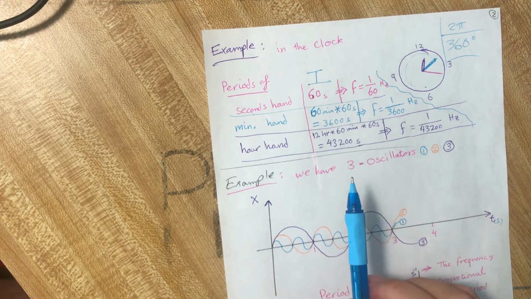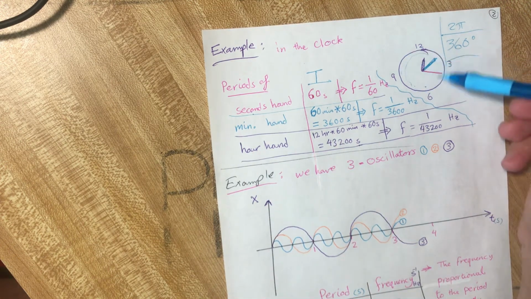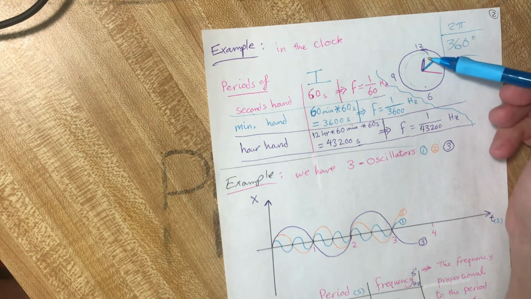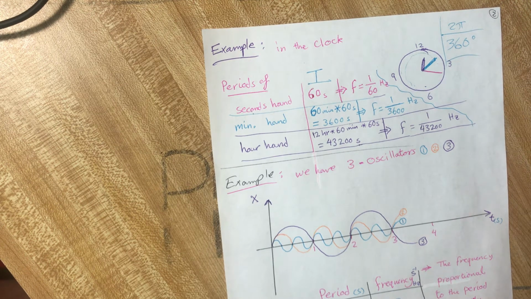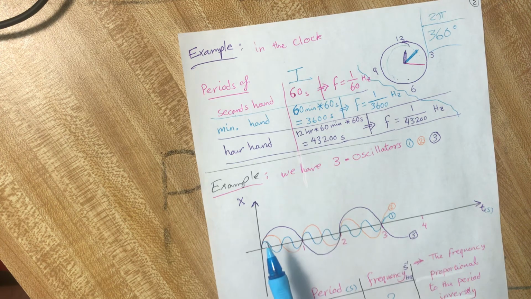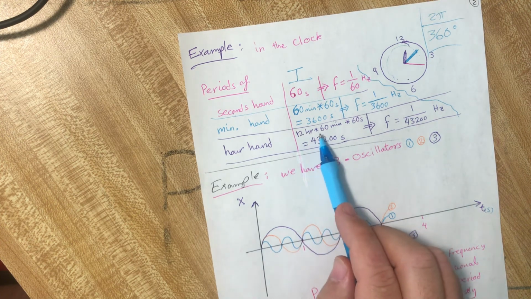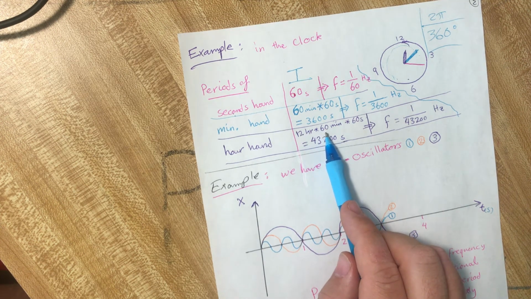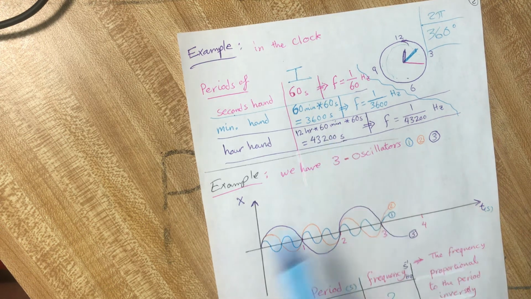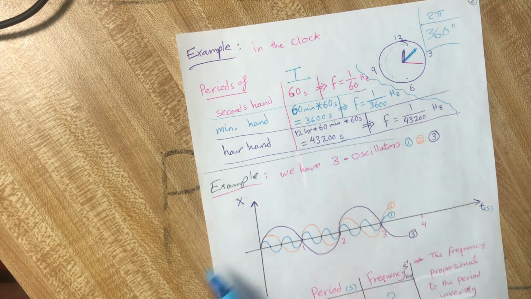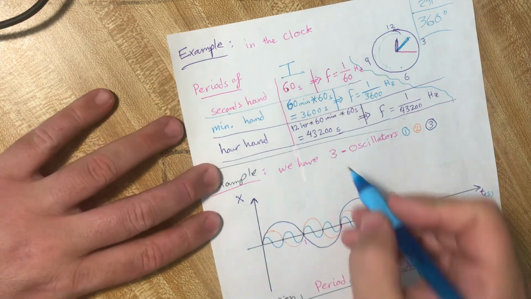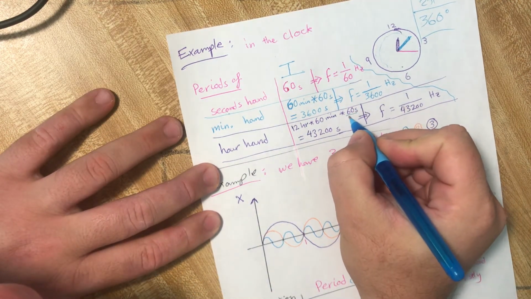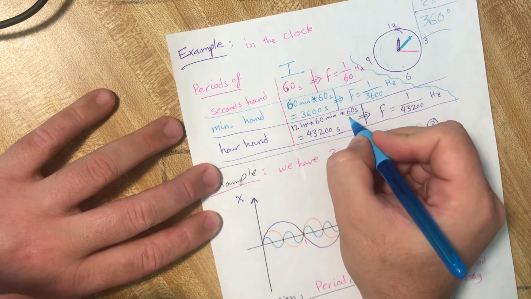Okay. What about the third one, which is the hour hand? It rotates once each 12 hours. We know that. So we have 12 hours. Each hour contains 60 minutes. Each minute contains 60 seconds. So this is the conversion coefficient.